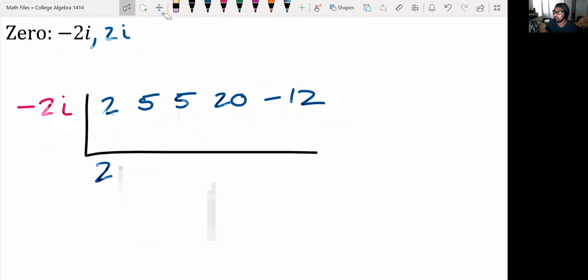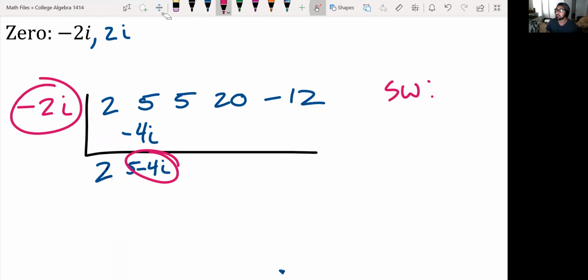So it's going to get messy. -2i times 2 is -4i. 5 plus -4i is going to end up being 5 minus 4i. Okay, so we're going to need a little side work section here, because now it's -2i times 5 minus 4i.